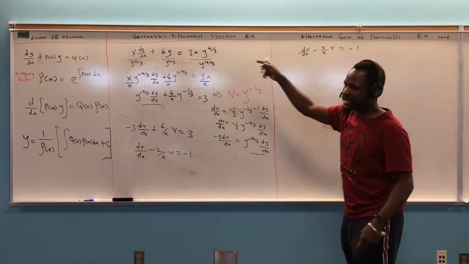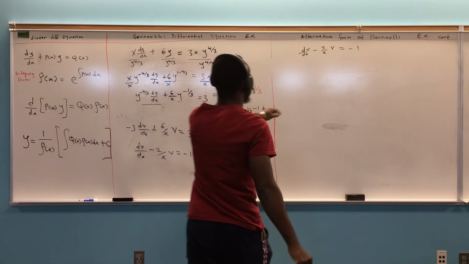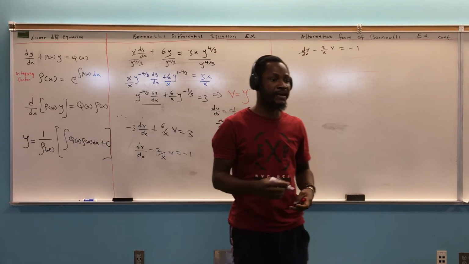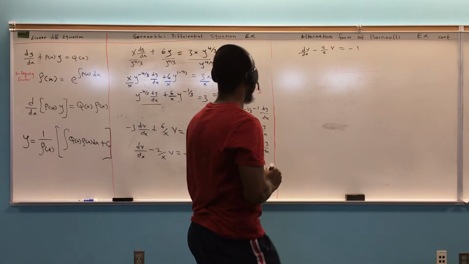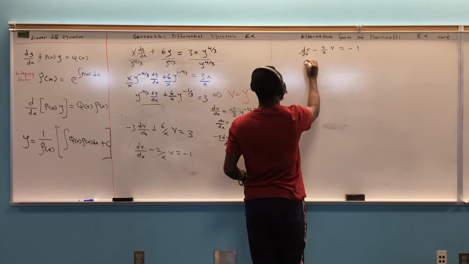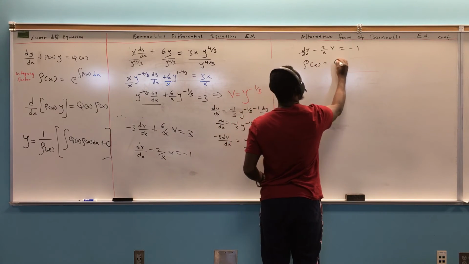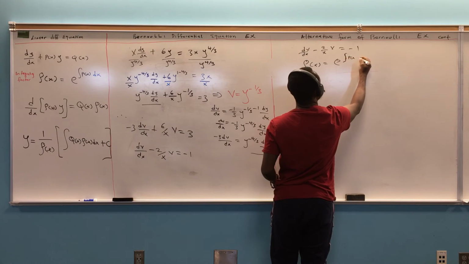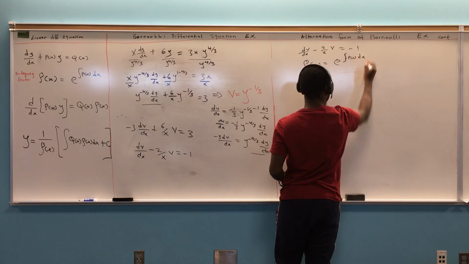So our linear differential equation is in x, but the dependent variable is v. So now we find the integrating factor, which is e to the integral of p of x dx.